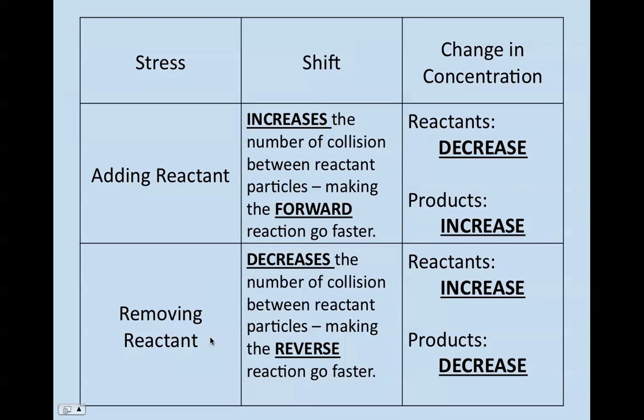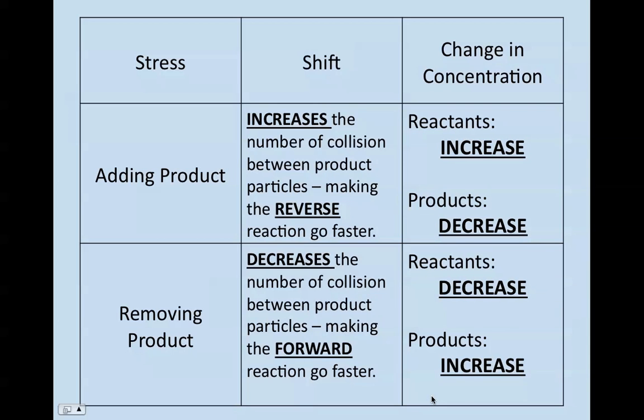If we do the opposite and remove the reactant, we're decreasing that number of collisions between the reactant particles. We're also getting them out of the way of the reverse reaction that's going to take place and go faster. So because we're going to be shifting left or increasing the rate of our reverse reaction, we're going to produce more of those reactants and decrease our products.